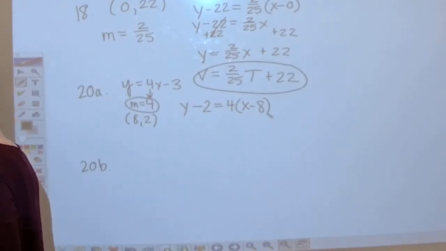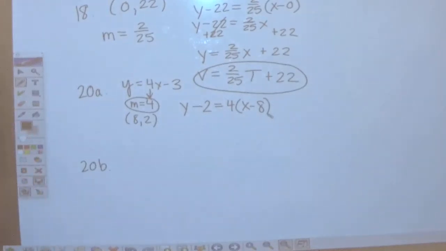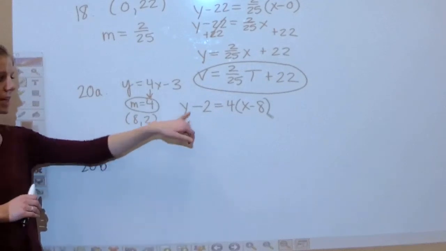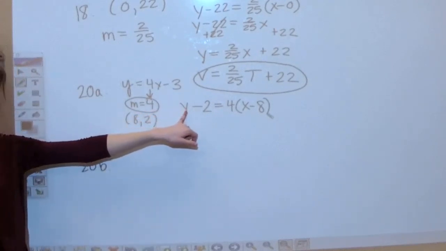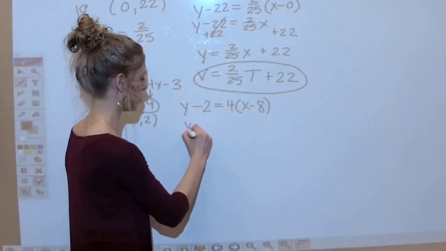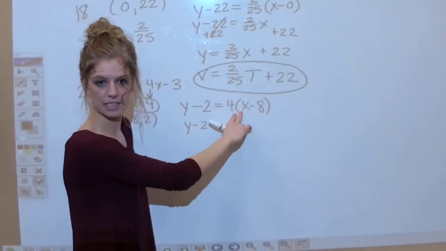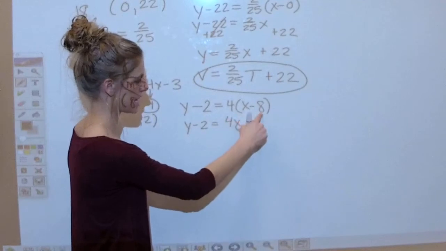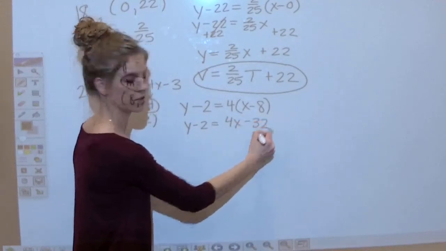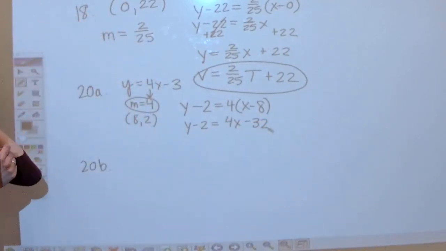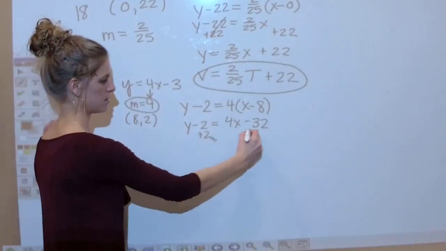Okay, so how do I solve this for y, Carson? You distribute. What is 4 times x? 4 times 8. And then add 2 to both sides.